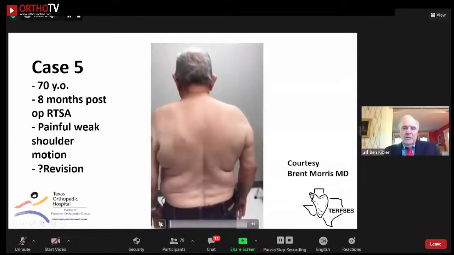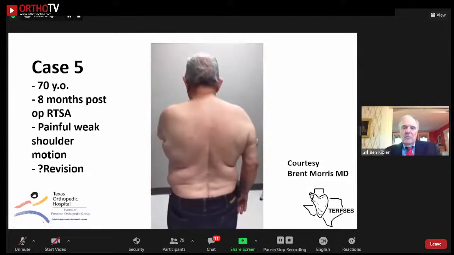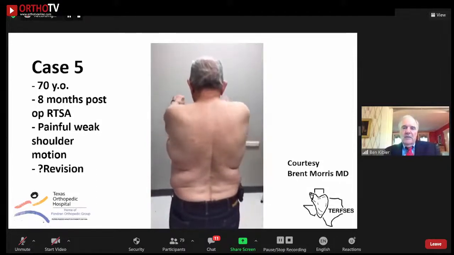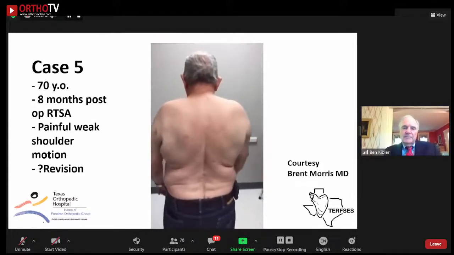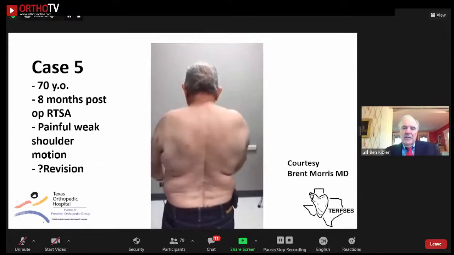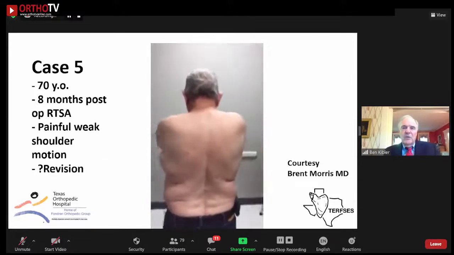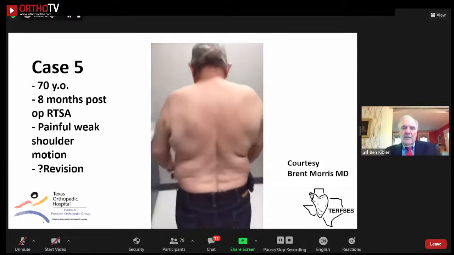So if you watch this, you will see that once again, he can only raise his arm, and it's kind of painful. He can raise his arm up to about 90 degrees with pain. And you notice he does this a couple of times. You'll notice the scapula, see, inferior medial border starting to be a little bit more prominent. He can't raise his arm any higher than that.